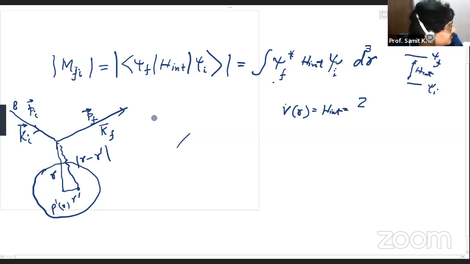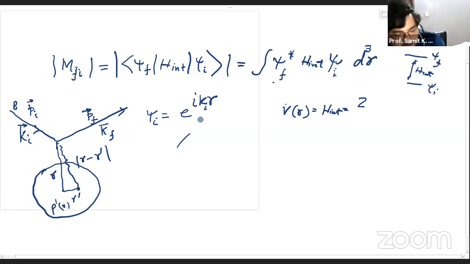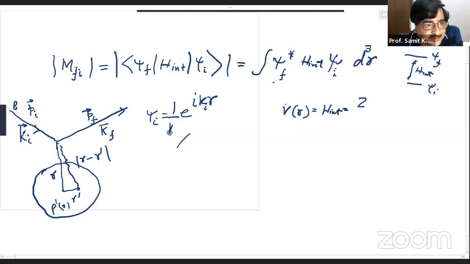Then we can immediately write the wave function, the psi initial, as e to the power minus i k initial dot r, and this r is my radius vector. It is not a normalized wave function, but if you want to normalize it, you know the total volume is V, so I get an extra term, 1 over root V, used as a normalization.